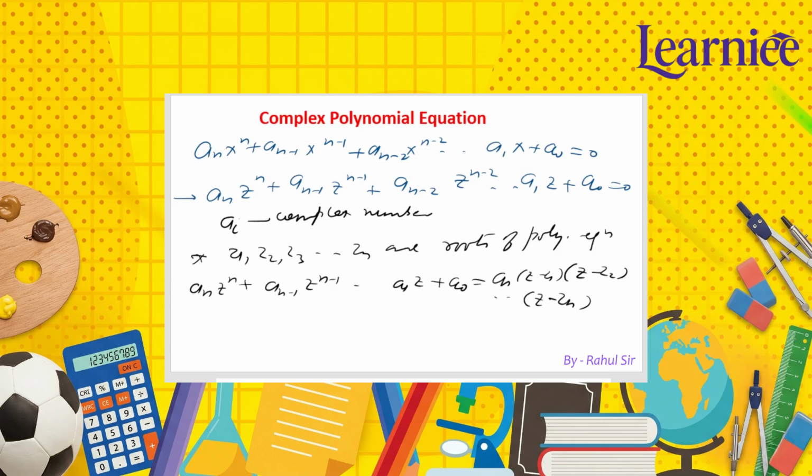So the method of solution is valid, and just like in the real polynomial, the degree matters: whatever the degree of the polynomial is, it equals the number of roots. If this is an n-degree complex polynomial, it will have n roots.